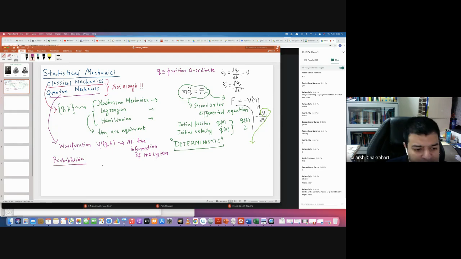Quantum mechanics is probabilistic because the equation of motion for this is given by the time-dependent Schrodinger equation. If you don't know, don't worry, you don't need it right now. If your Hamiltonian has no explicit time dependence, you can write down the solution formally.